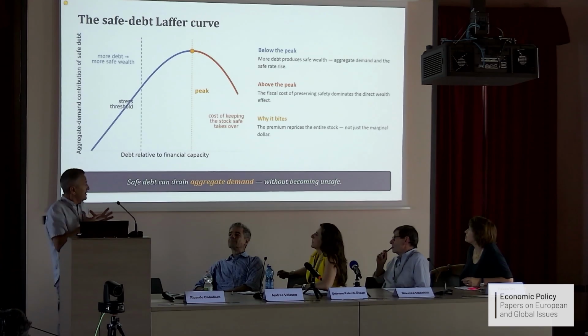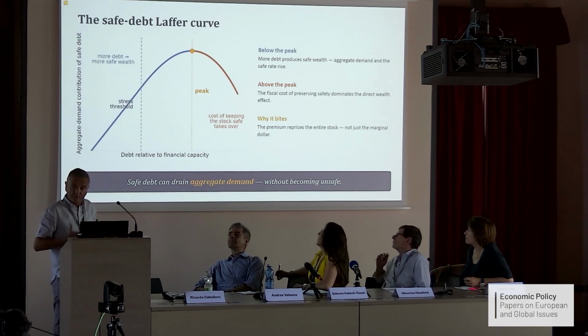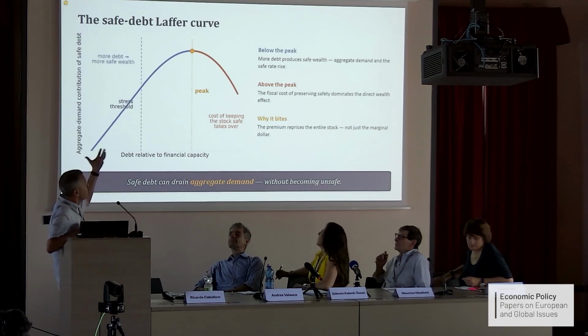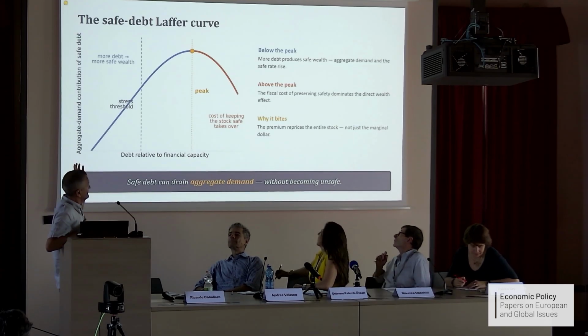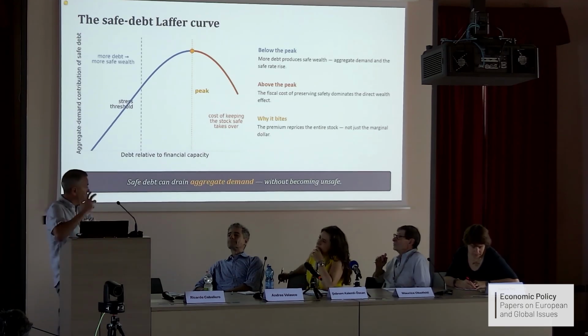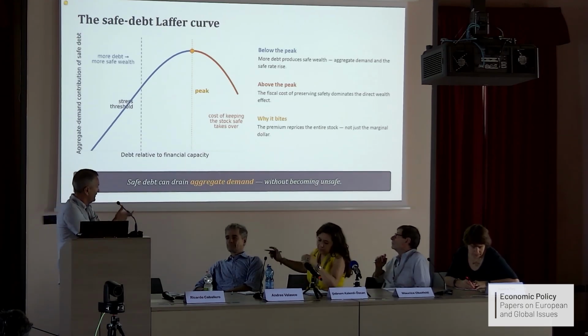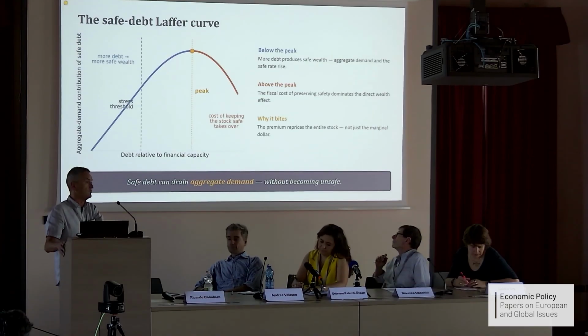Okay, so as debt starts rising, you start generating a very big drag on the system because you generate a lot of spreads that apply to larger and larger stocks of debt, and that becomes very burdensome on the financial system. And at some point, that burden overwhelms the wealth effect that you get in the standard model, and then you get the downward sloping section.